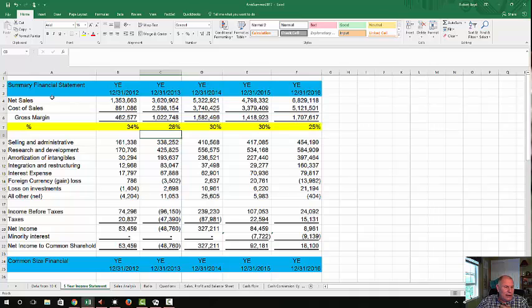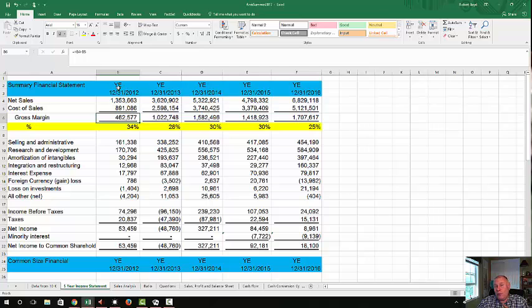So I selected net sales, cost of sales, gross margin, and I built in a calculation there. When I'm building this, I'm always trying to use formulas so that I can copy and paste as I'm going. Notice that I labeled each column year-end 12/31. Not all of your companies have a calendar fiscal year.